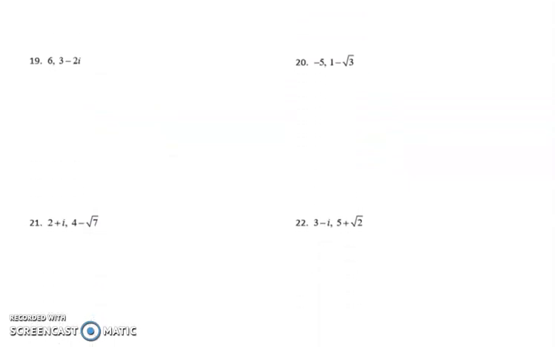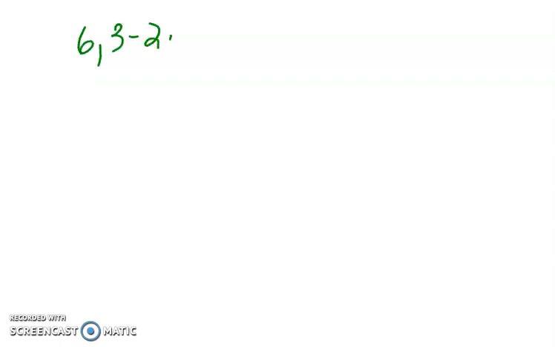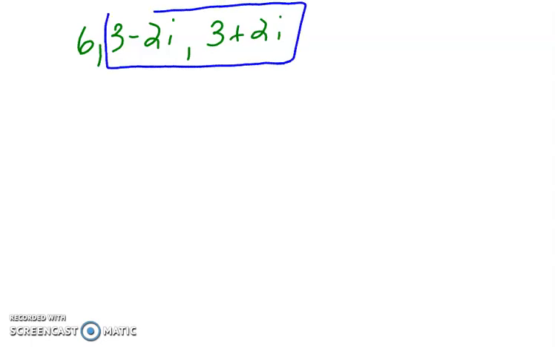Talking about number 19, we'll go to a separate page again. So we got the 6, and we have 3 minus 2i, which also means we're going to have 3 plus 2i. So I just deal with these two for a moment.